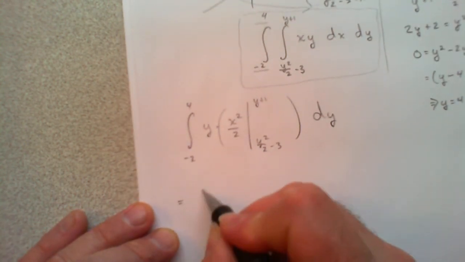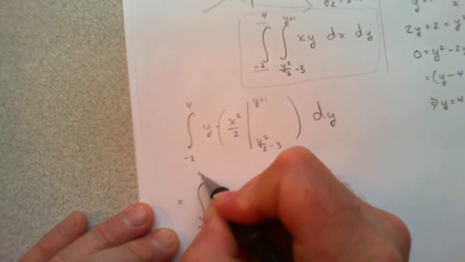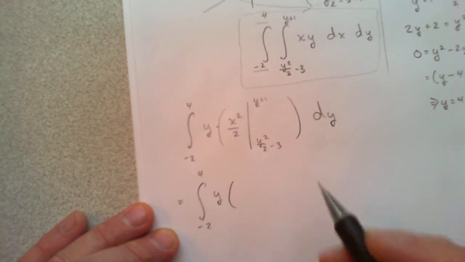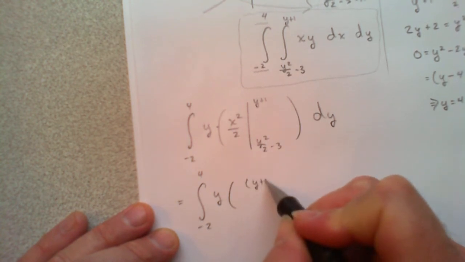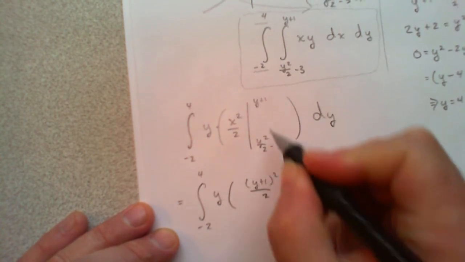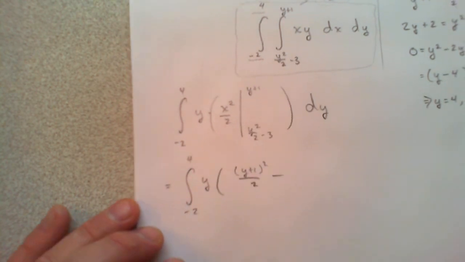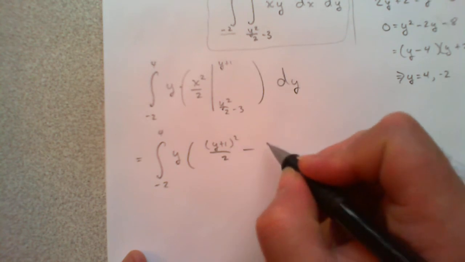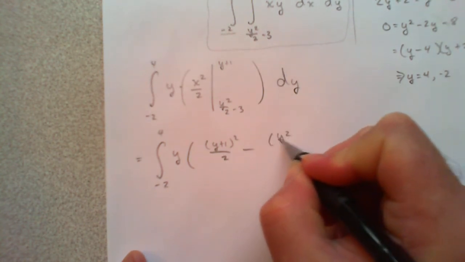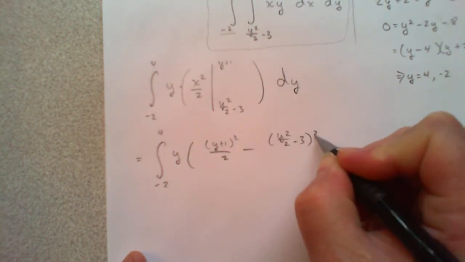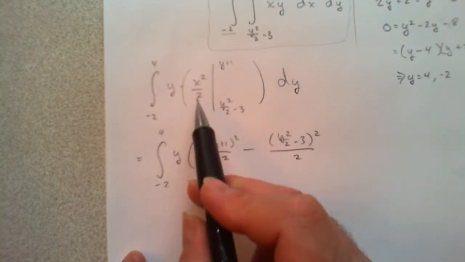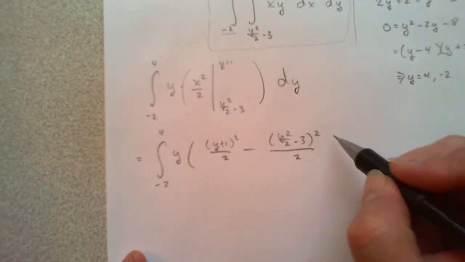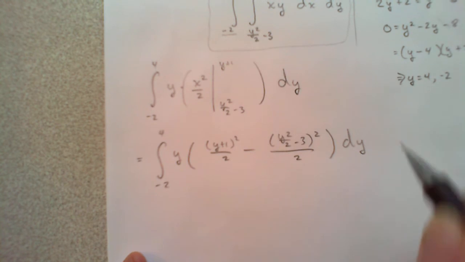So the integral from -2 to 4 of y times (y plus 1) squared over 2. This is doing the fundamental theorem of calculus to complete this inner integral. And then y squared over 2 minus 3 quantity squared over 2. You're plugging that into there. And then at the end you do dy.